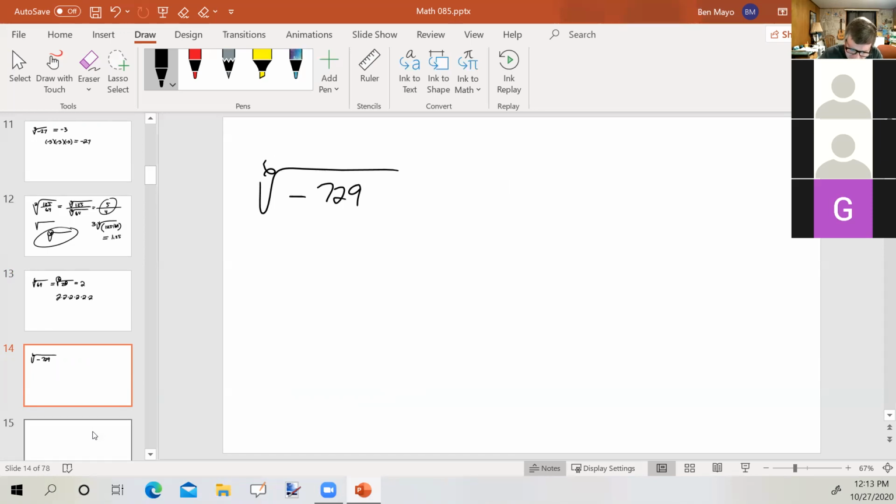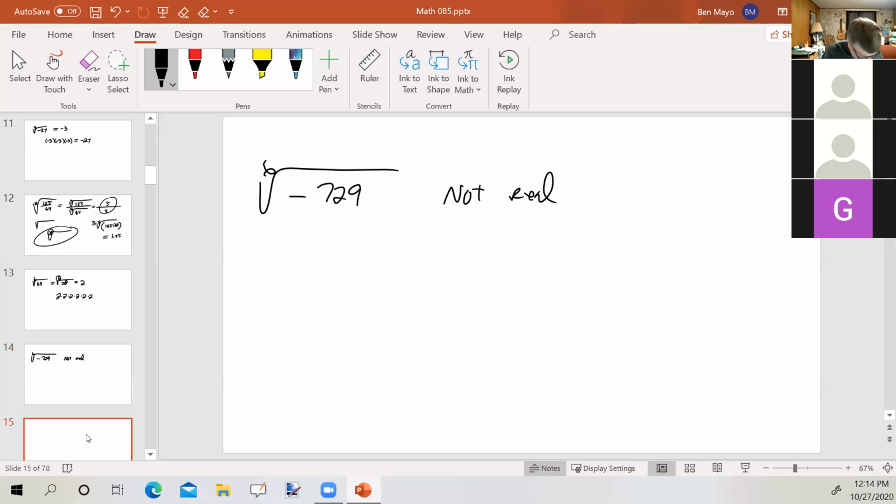Is it because the index is positive we can't find it? Wait, the index is always positive. The index starts with an E. Even. There we go. That's why you can't take an even root of a negative number. So this is not real. So if you were sitting there trying to figure out what the number was, I fooled you. I'm so mean.